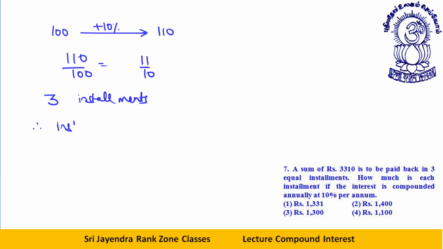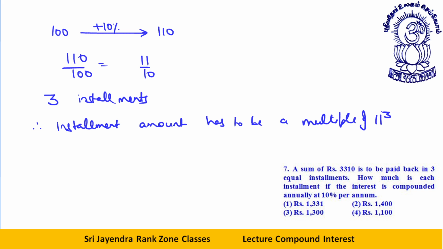Therefore, the installment has to be a multiple of 11 cube, that is 1331, which is the answer. Quite easily, this is your answer.